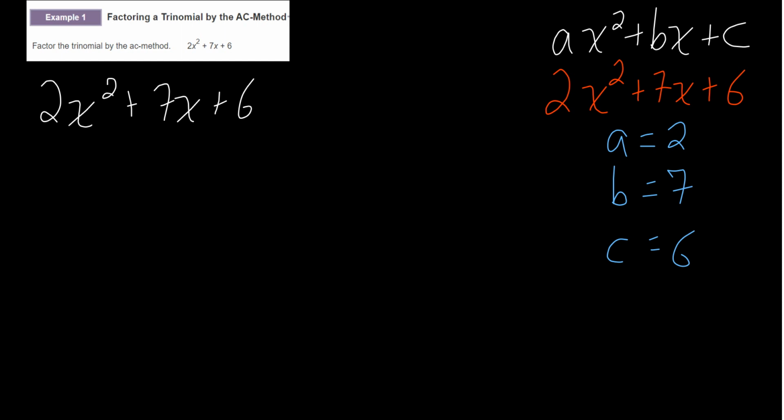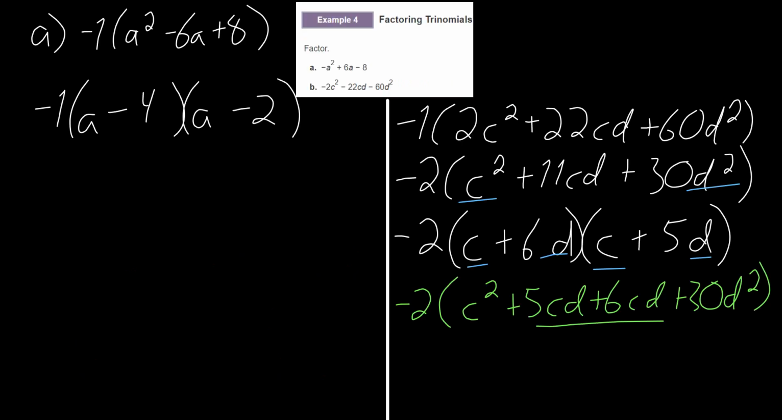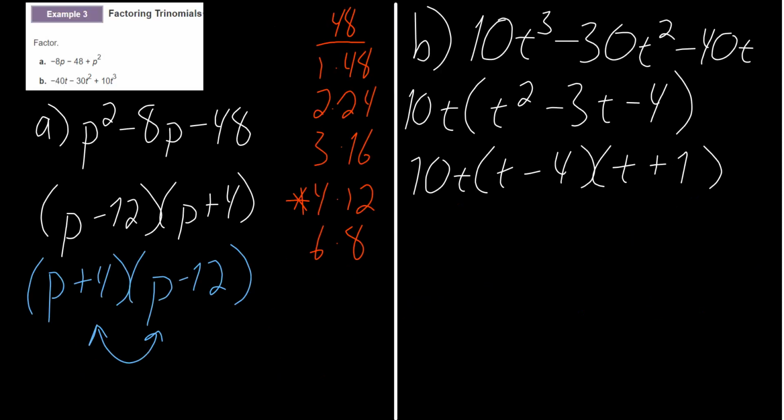AC method time. What I'm going to do now is kind of the exact same thing we did in the previous section, except instead of just looking at the C, I'm going to look at A times C. So let's go back and look at what we've done before. I looked at 48, and then I did factors of 48.